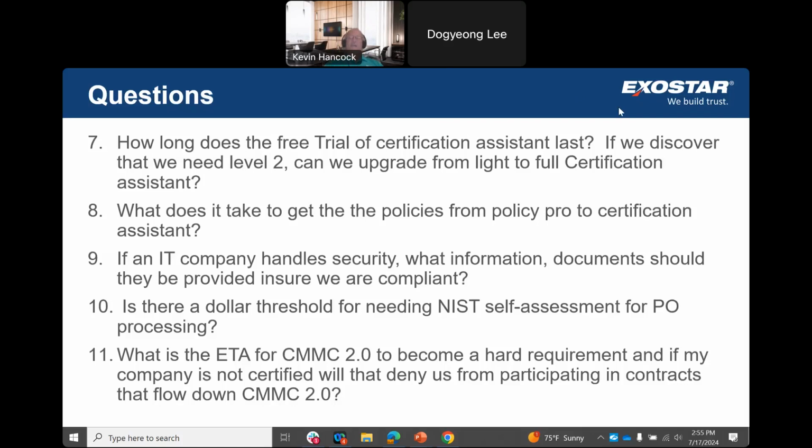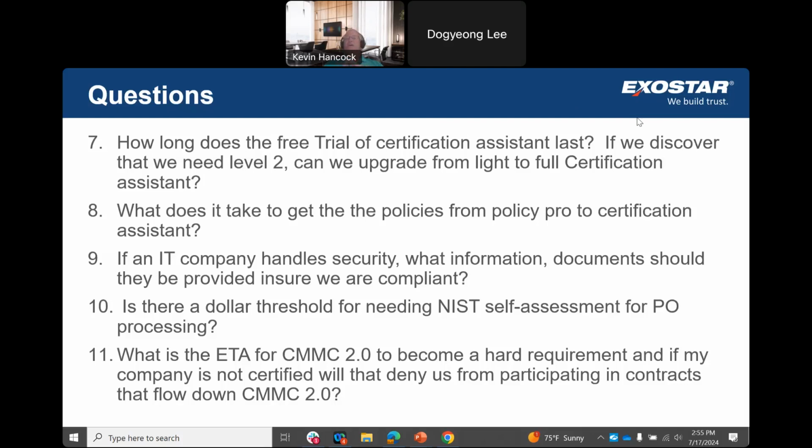So if an IT company handles security, what information or documents should they be provided to ensure we are compliant? So one of the things to remember here is that the system security plan is from your organization. So your organization needs a system security plan. Now, you may utilize a third party to do a portion of that or even all of it, but it's going to be your system security plan.